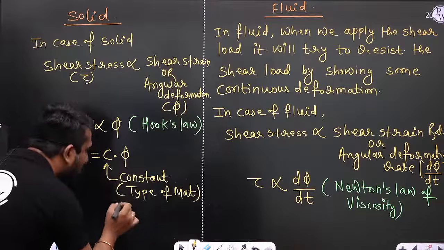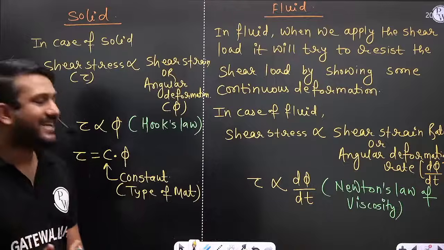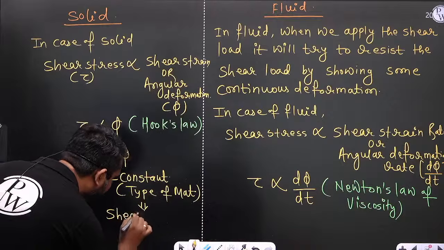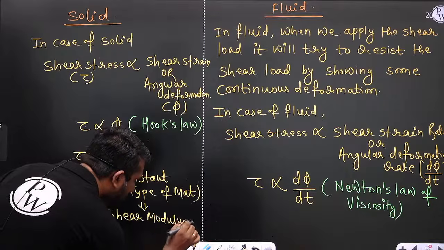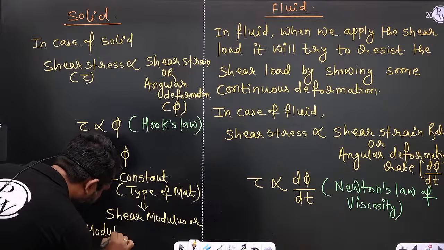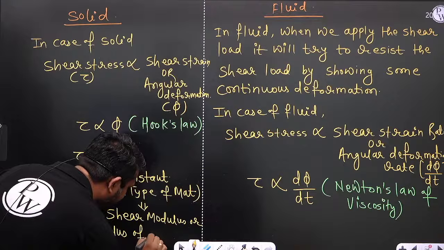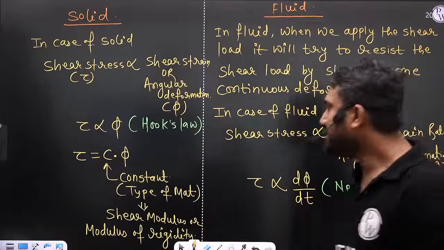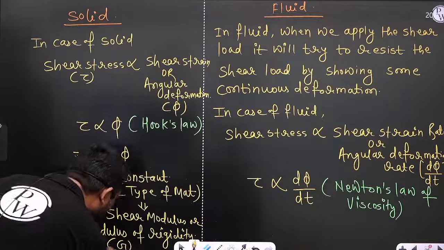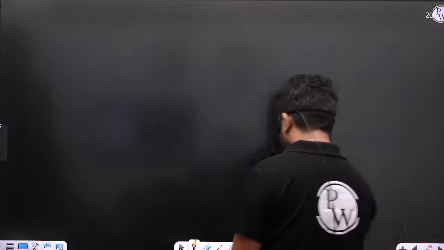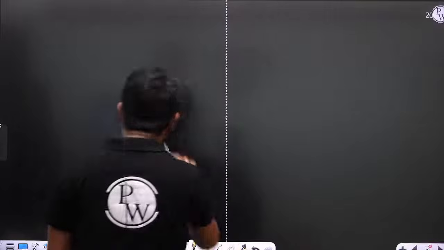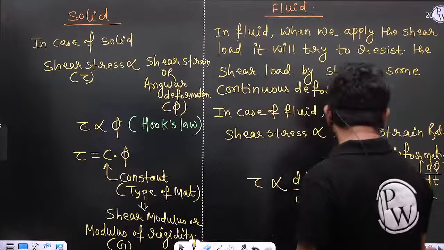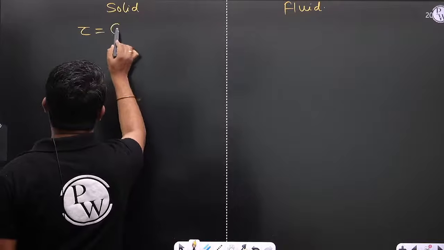And this C is called shear modulus or modulus of rigidity, and it is denoted by G. So for the solid we can say tau is equal to G multiplied by phi.